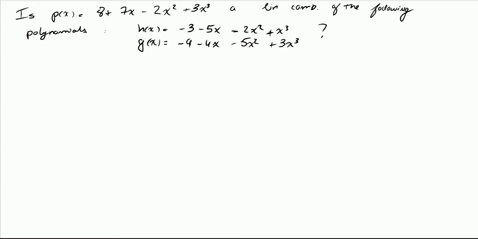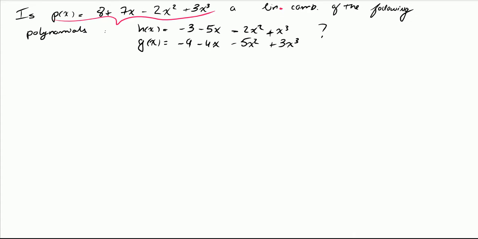Alright, so in this video, I'll be checking whether the polynomial 8 plus 7x minus 2x squared plus 3x cubed, this polynomial, is a linear combination of the following two polynomials, that is h of x, which is equal to minus 3 minus 5x minus 2x squared plus x cubed, and g of x, which is equal to minus 9 minus 4x minus 5x squared plus 3x cubed.